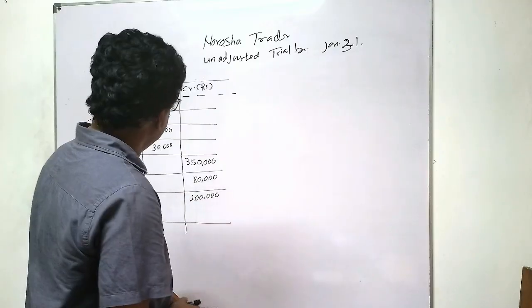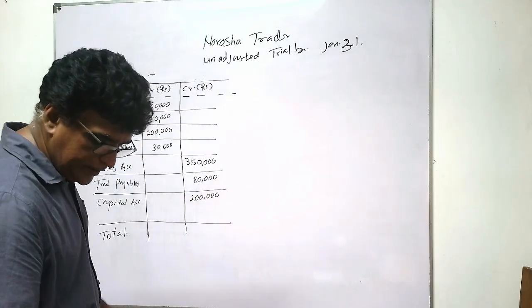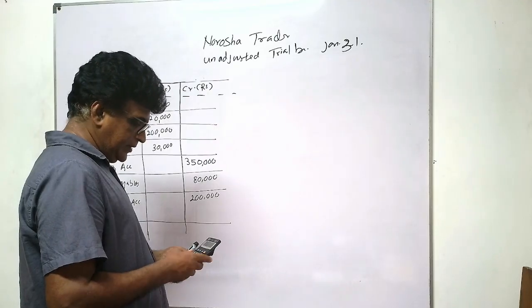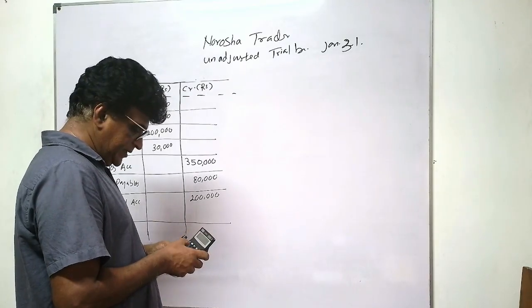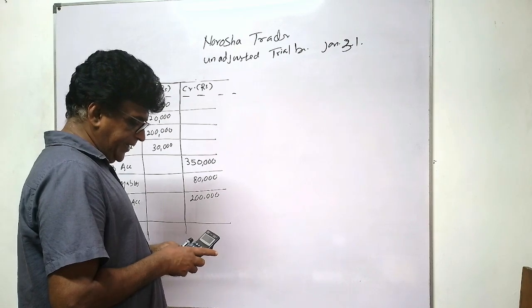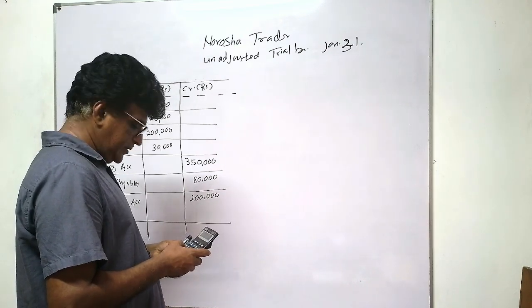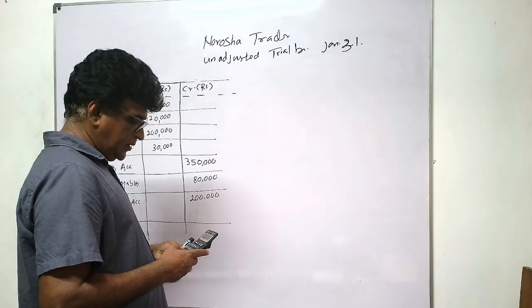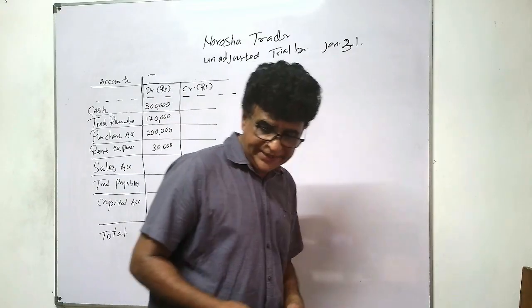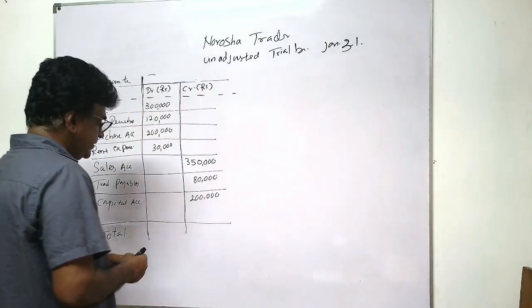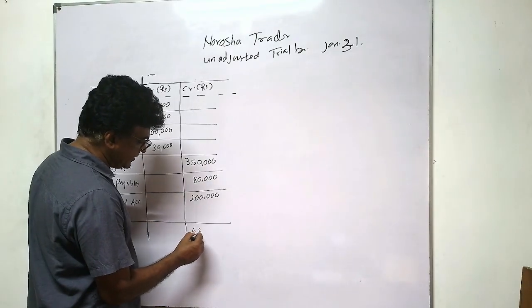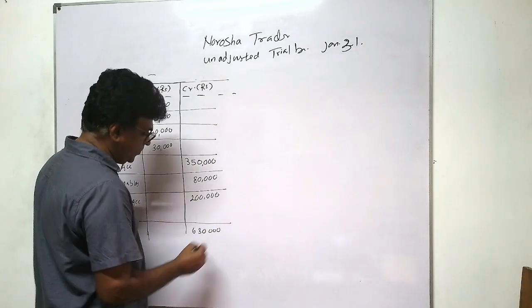What is the total? Right? 350,000 plus 80,000 plus the rest, 630. Right? This is 630,000 rupees.